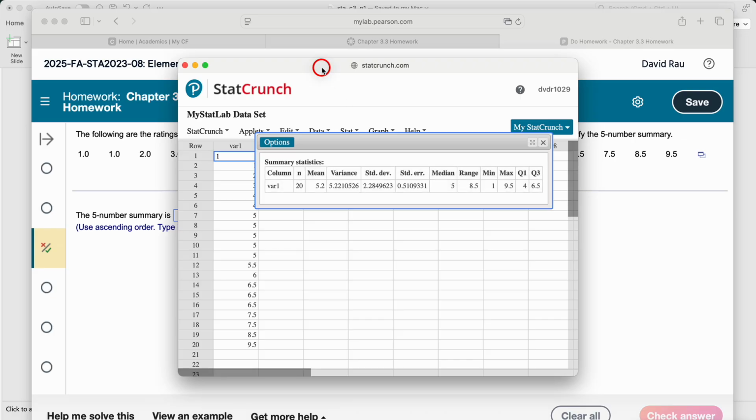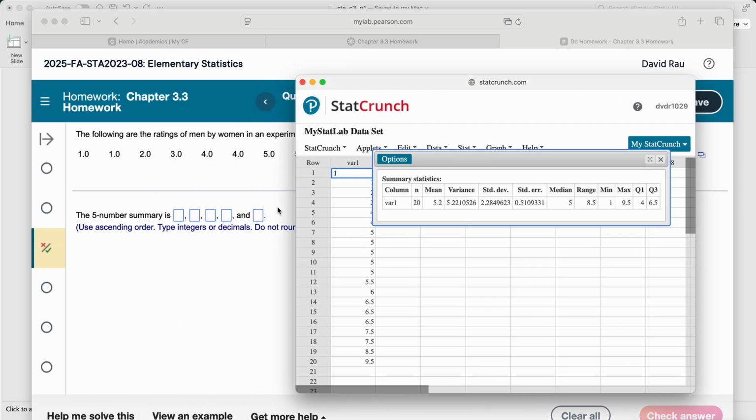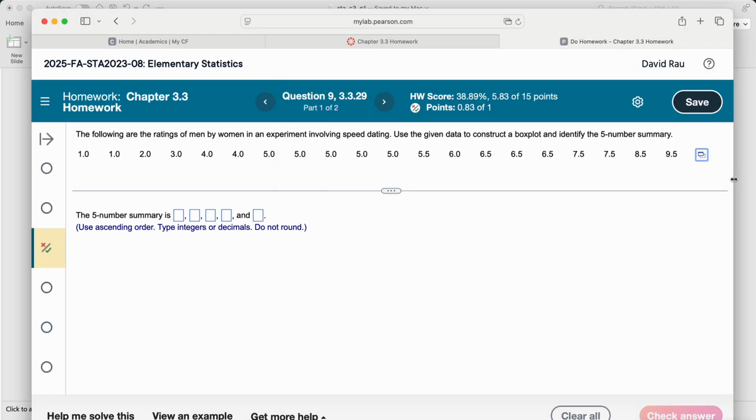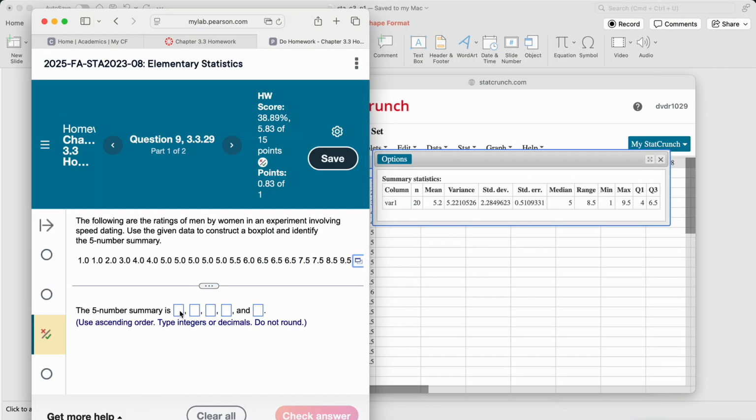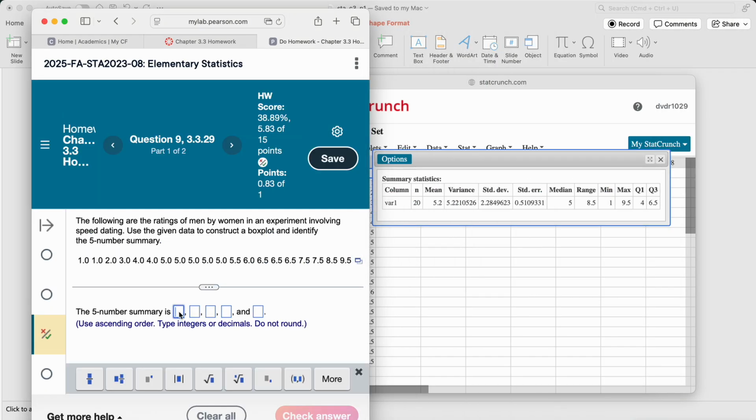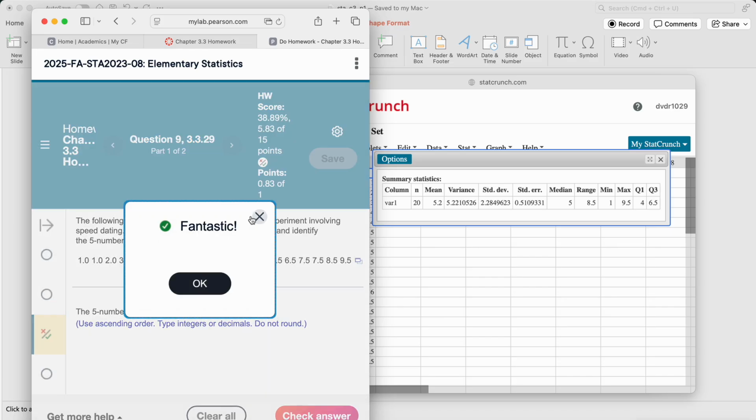It's a little bit written out of order, but they do want it in order. So let me arrange my windows so I can see them and write them. The min is 1, the Q1 is 4, the median is 5, the Q3 is 6.5, and the max is 9.5. So there's my 5-number summary.